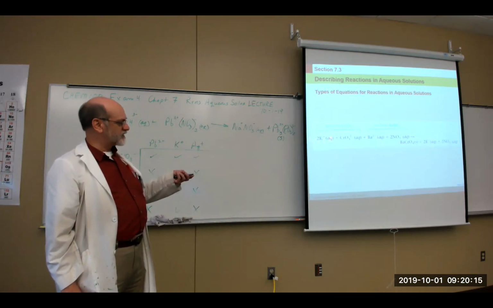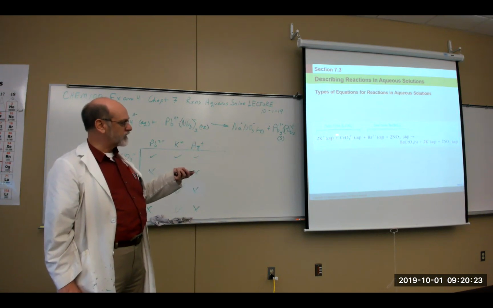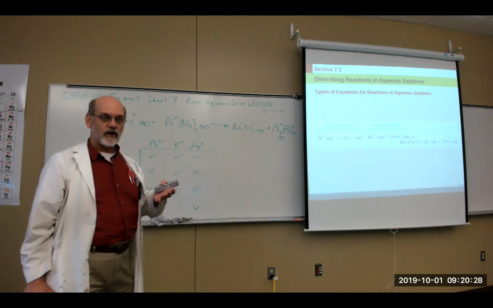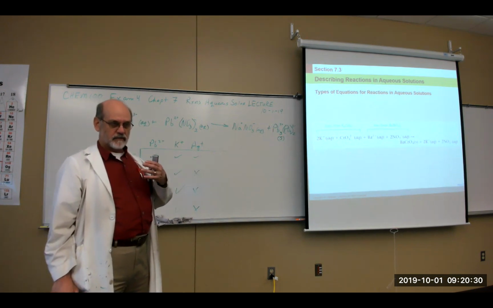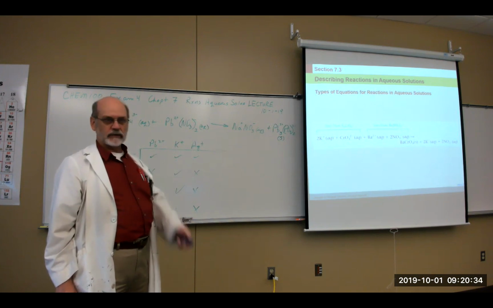And it needs to be balanced ahead of time, because if this is K2CrO4, then you know that 2 potassium ions come out for every molecule. So that makes writing the complete ionic equation possible.